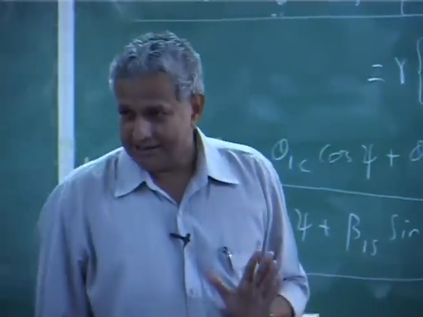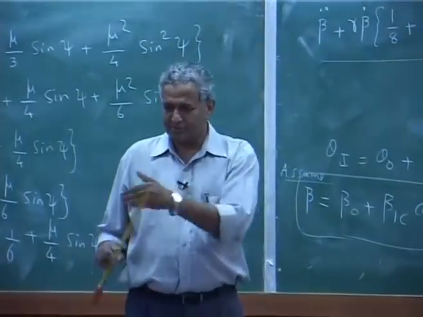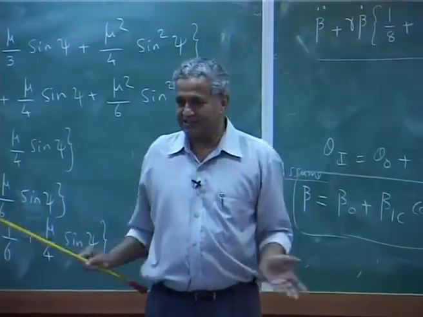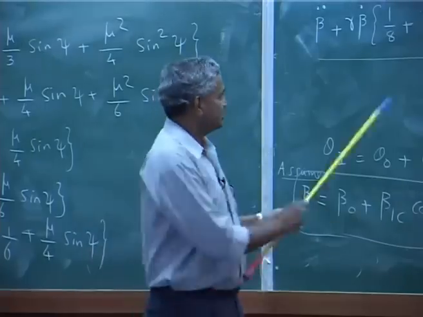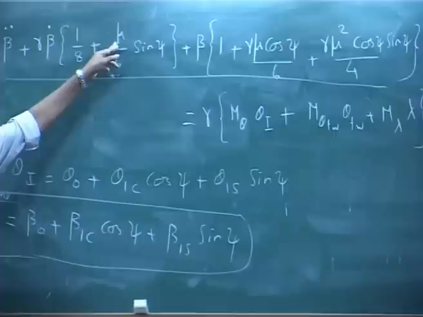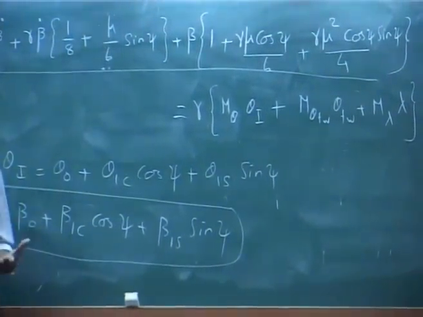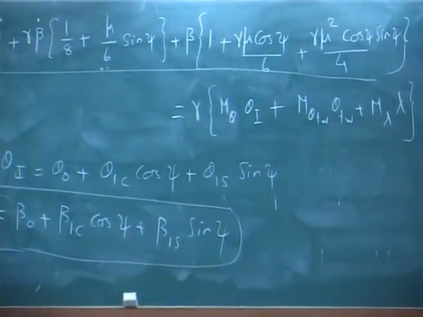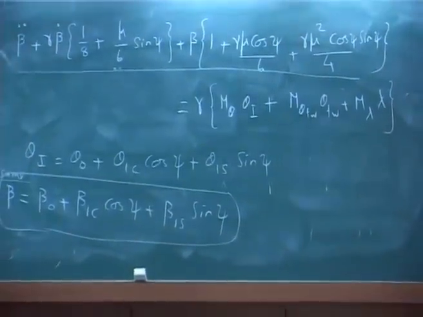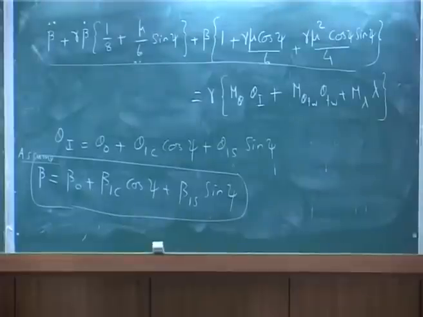Academic interest. You have a differential equation. Now treat it, don't bother about it as a flap equation or anything. It is a differential equation which is given like this. You know the value of mu, which you can vary. Gamma is fixed. Lock number of a rotor blade, which is the aerodynamic by inertia. Typically that is in the range 5 to 8.